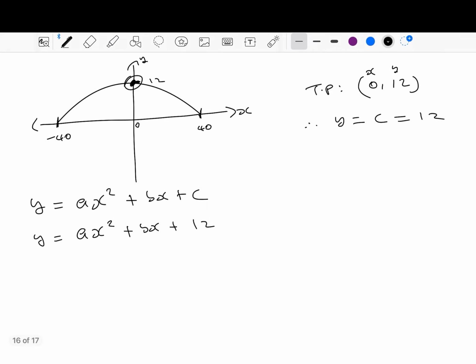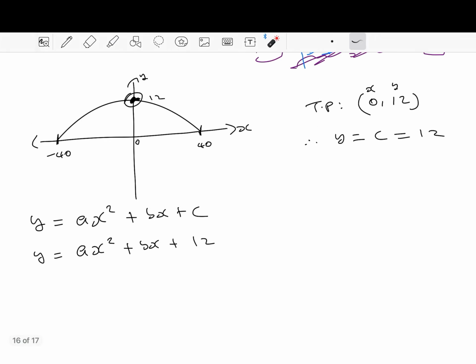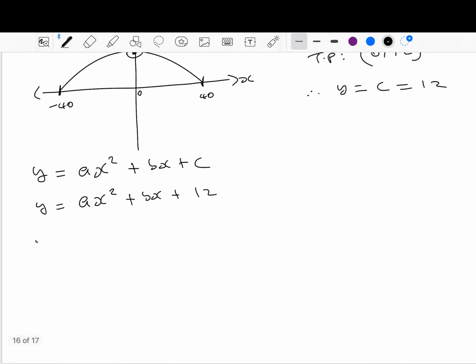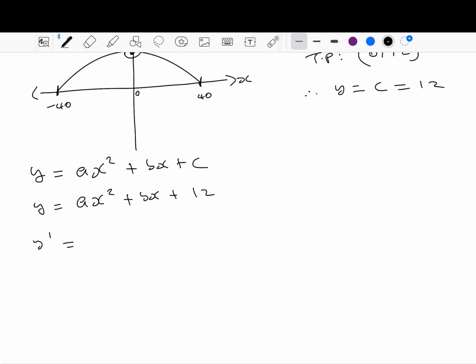There are a couple of ways of doing it, but firstly, we need to remember derivatives. If you find the derivative of this equation, the derivative of ax² is 2ax.